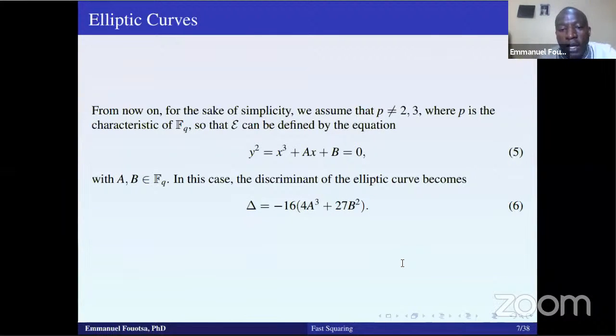So if you are working in a field of characteristic different from 2 and 3, then an elliptic curve is simply given by an equation y^2 = x^3 + ax + b, where a and b in F_q satisfy the condition that the discriminant Delta is different from 0, to ensure that the elliptic curve is smooth.